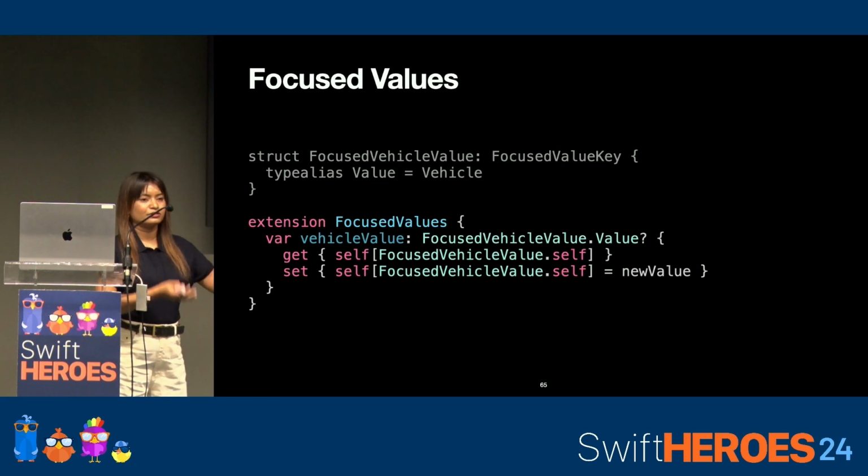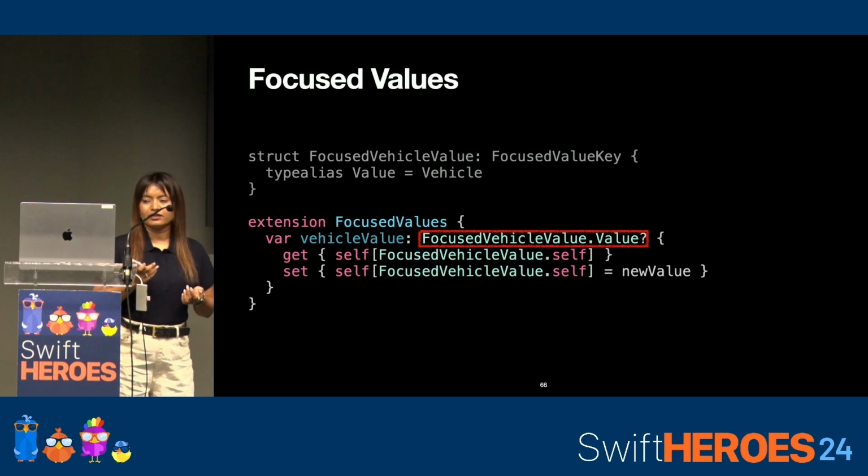So this could be like a collection of focus related states. Right now we only have vehicles, so we only created one property, and just provide getters and setters, using the struct we defined before. And yeah, that's it. It's pretty much boilerplate. And note it needs to be an optional because it will be nil at some point.